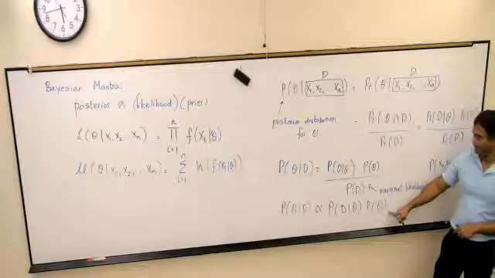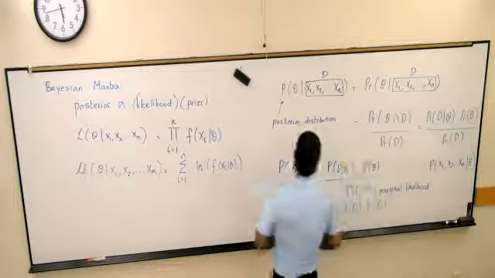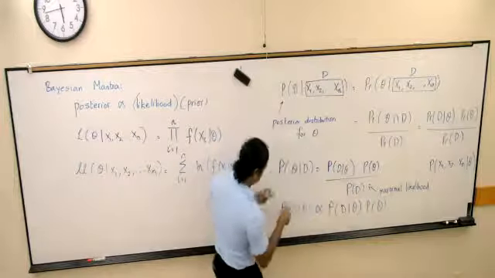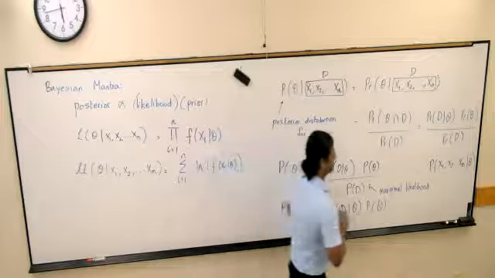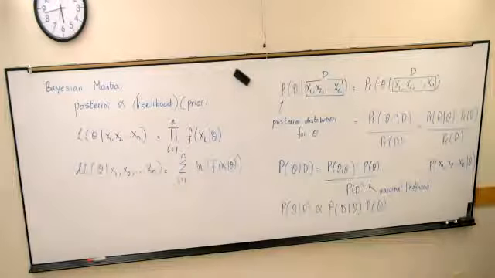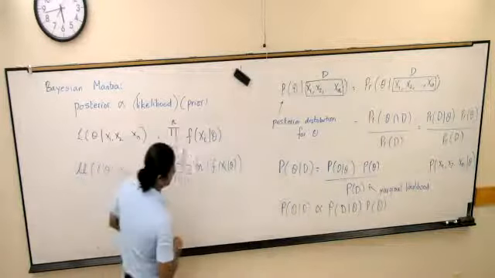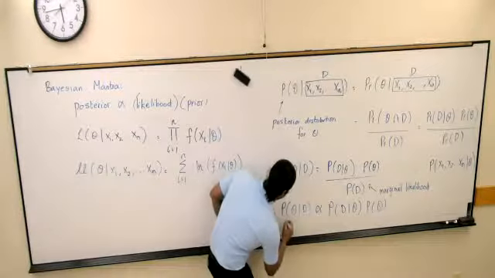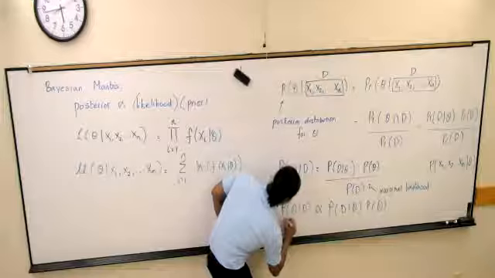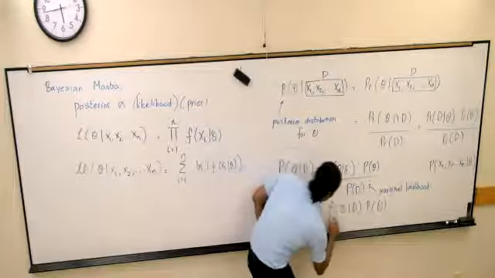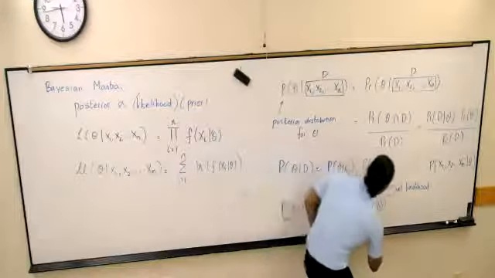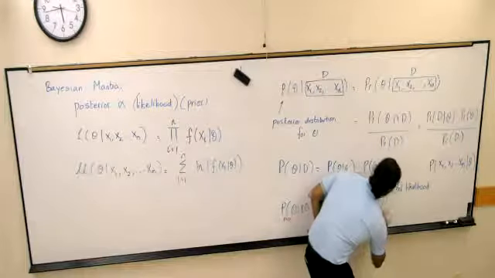Good. That's the posterior, prior, likelihood. To distinguish, we'll use slightly different notation. We'll call this P underscore post, P underscore LL, P underscore prior.